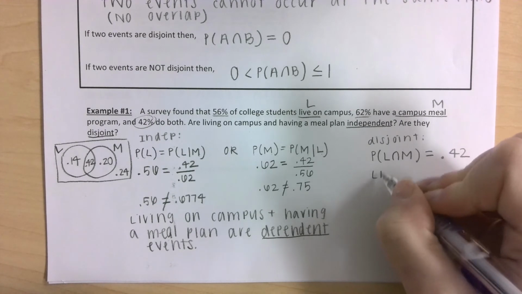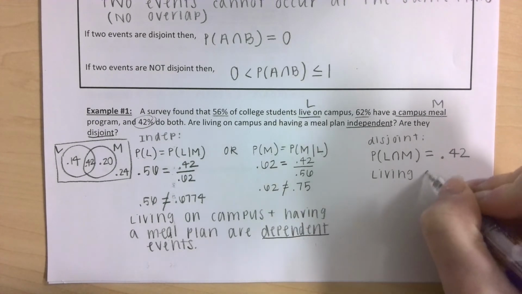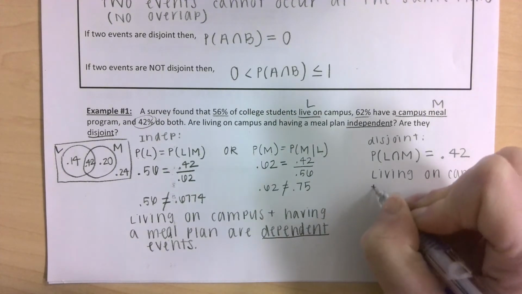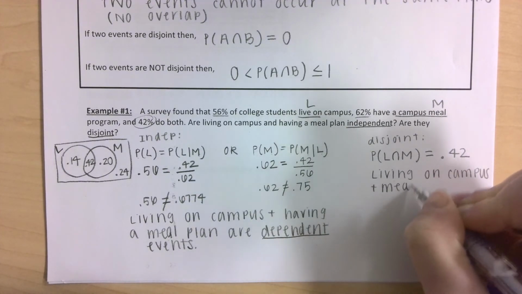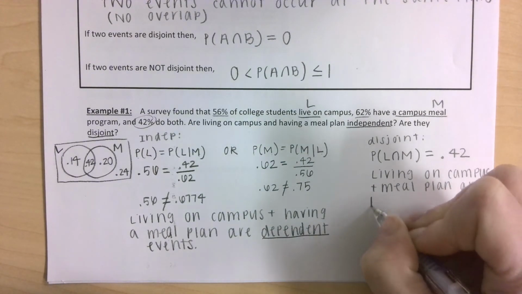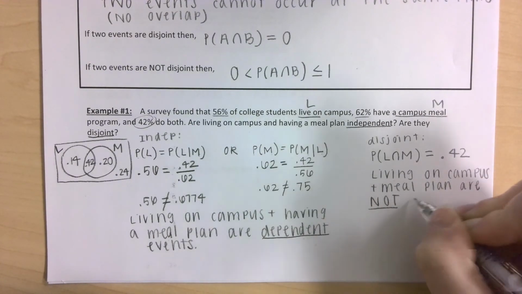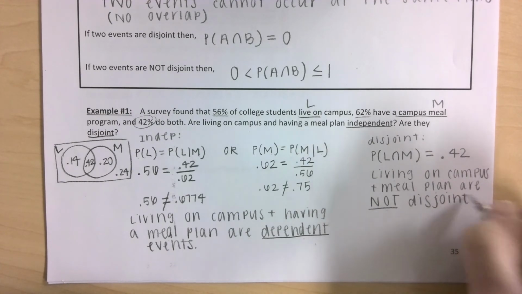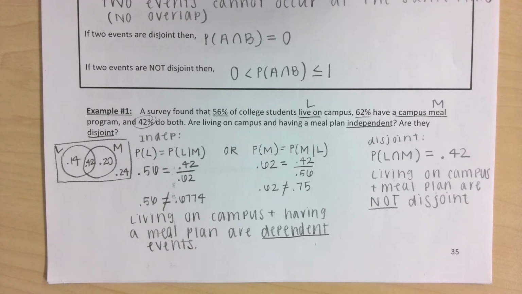So in context, I would say living on campus and having a meal plan are not disjoint. This means they can happen at the same time. You can have a meal plan and live on campus.